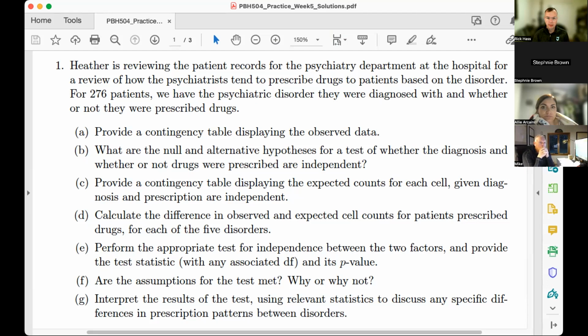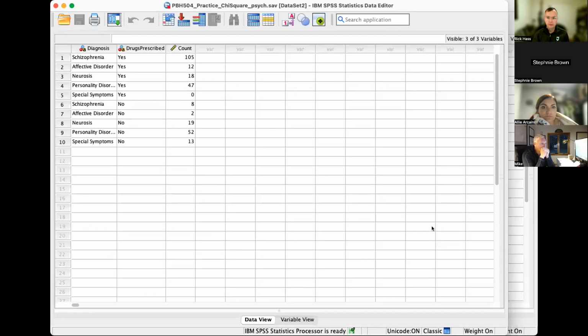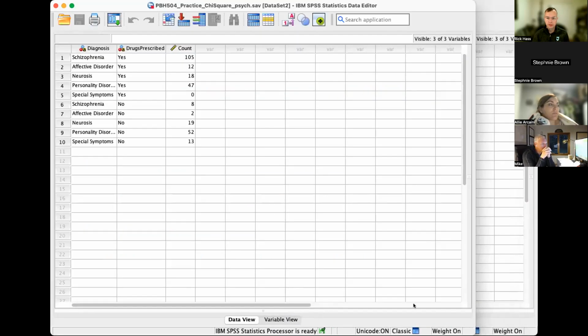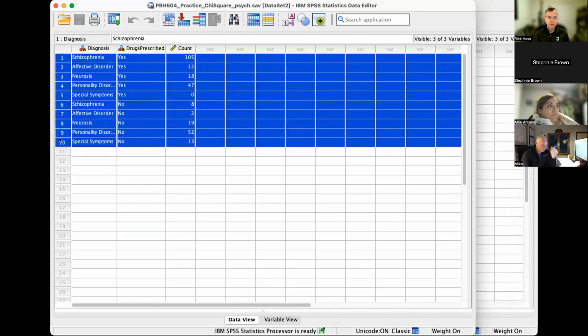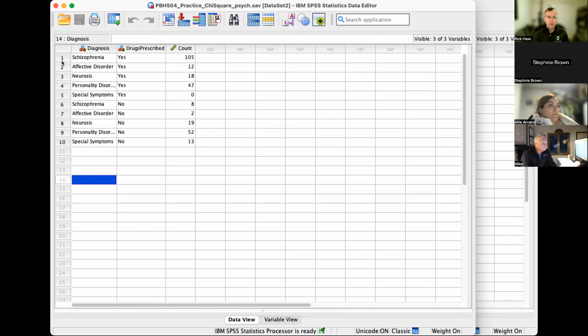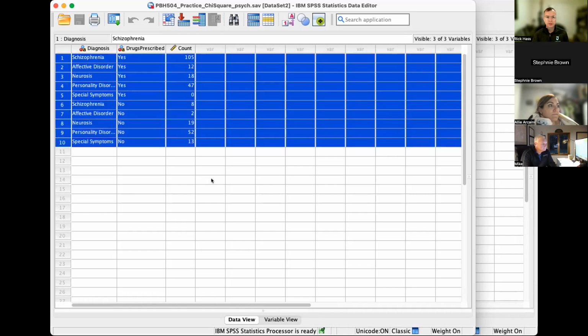So if you look at the files that we have, they look a little bit different than what we're used to. Instead of a data set with the number of rows equal to the number of participants, what we have is a data set where the number of rows is equal to the number of cells, right? So this is a 2x5 table or a 5x2 table.